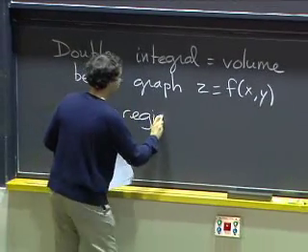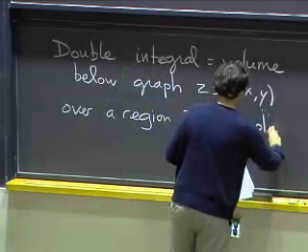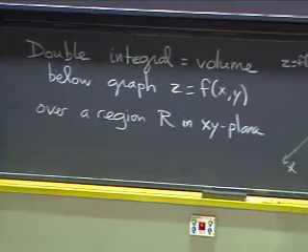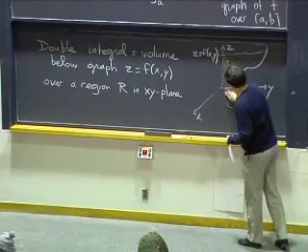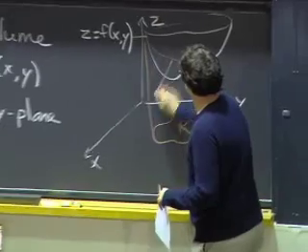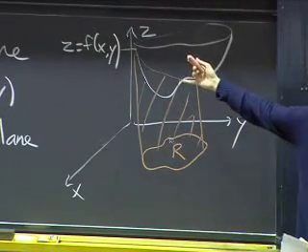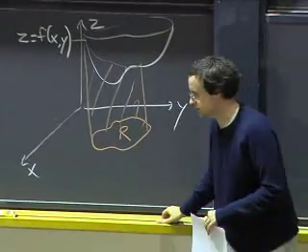So I look at the piece of the graph that is above this region, and we'll try to compute the volume of this solid here. That's what the double integral will measure.